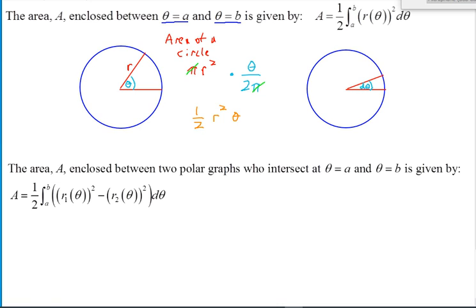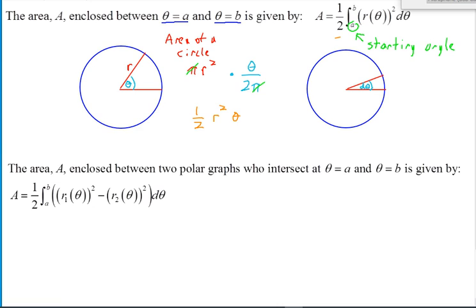The 1/2, you can see it's pulled out as a constant. And then you have the integral from a to b. So a represents your starting angle, wherever these segments start, these portions of the circle.